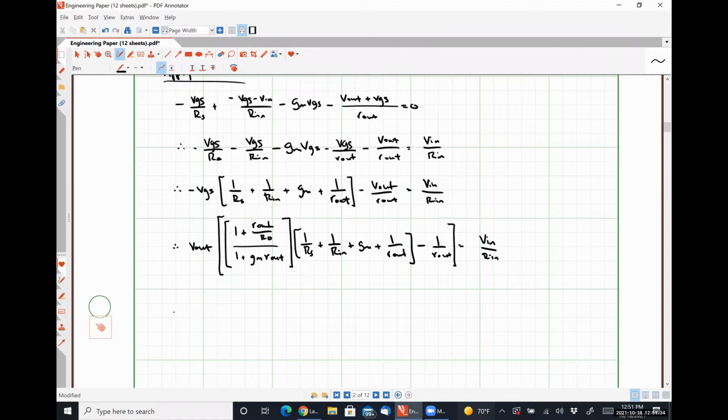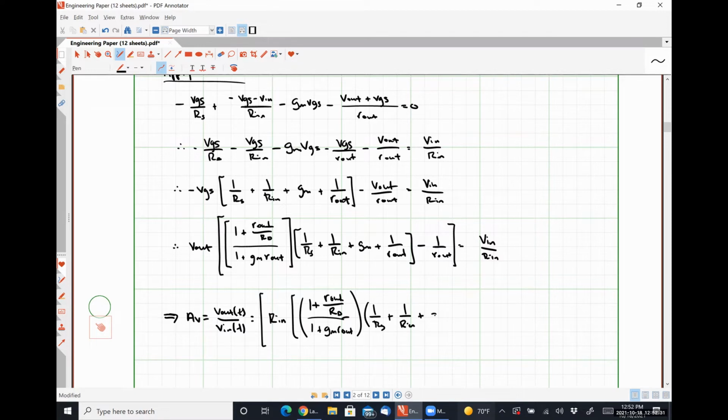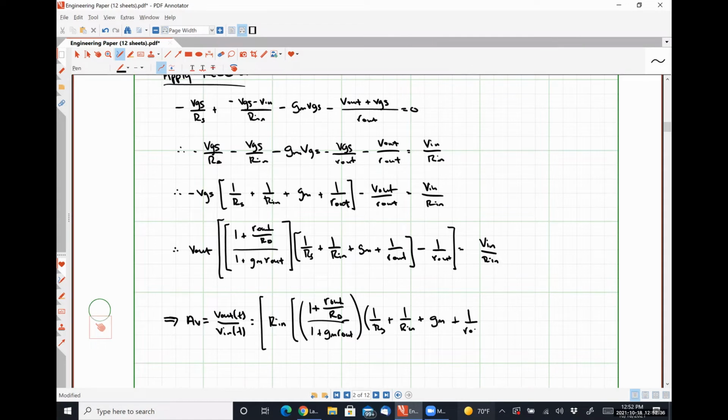And from here, my voltage gain, Vout divided by VN, is RN multiplied by 1 plus Rout over RD divided by 1 plus GM Rout, times 1 over RS plus 1 over RN plus GM plus 1 over Rout.